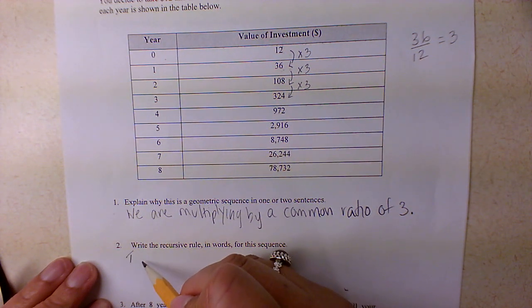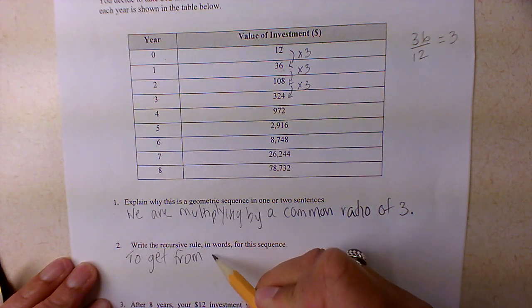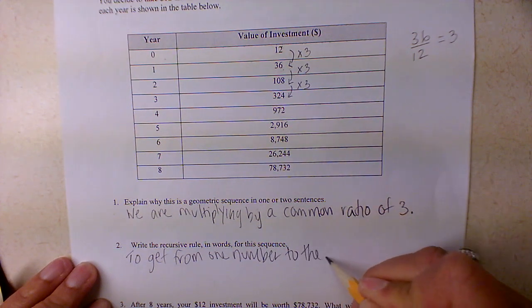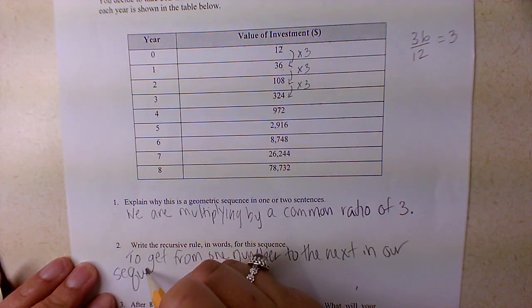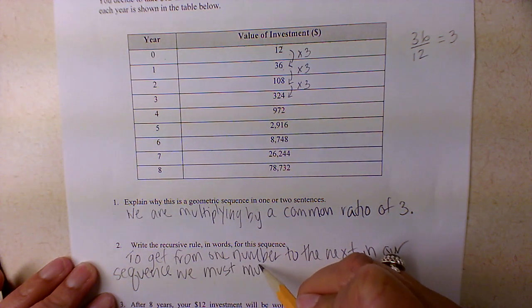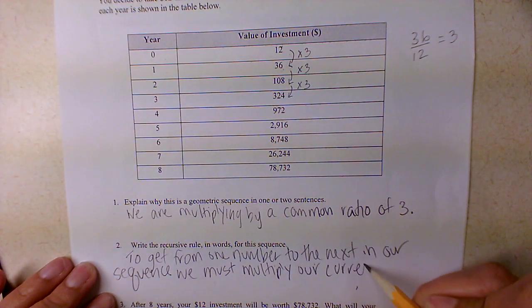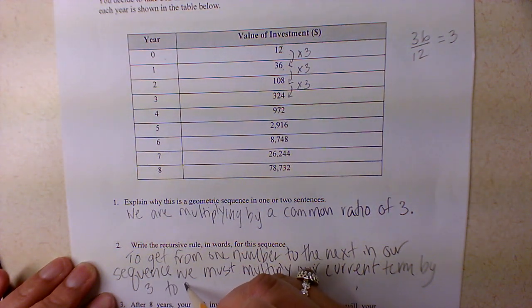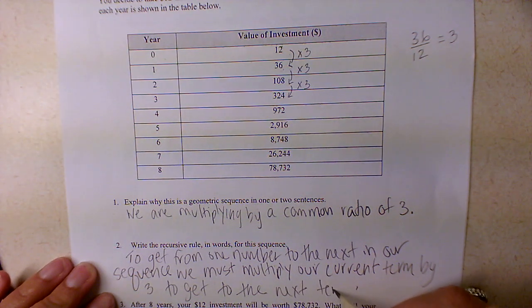So to get from one number to the next in our sequence, we must multiply our current term by 3 to get to the next term.